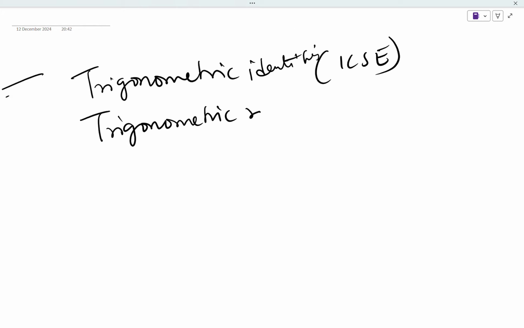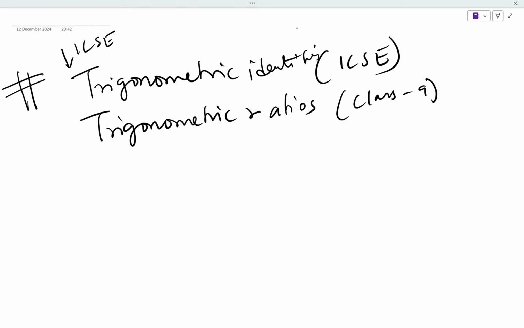This is a chapter which brings at least two questions in your ICSE paper. So this is a very important chapter for class 10 people who are appearing for their ICSE. And trigonometry ratios is also a part of ICSE, but it is in class 9. So people who have just gone into class 9 can refer to this video and understand the concepts for trigonometry ratios. So alright, this was all about trigonometry ratios that we discussed.